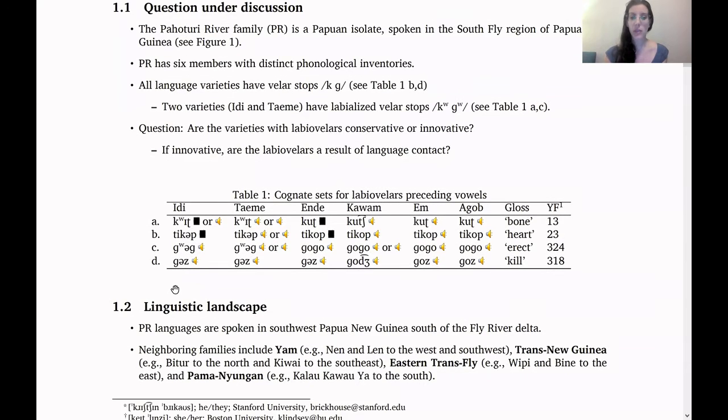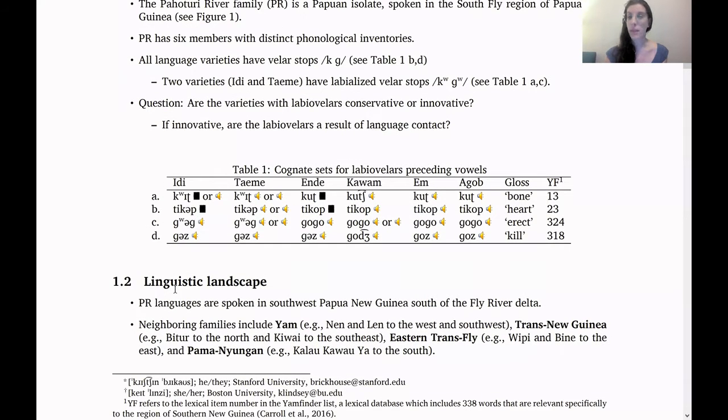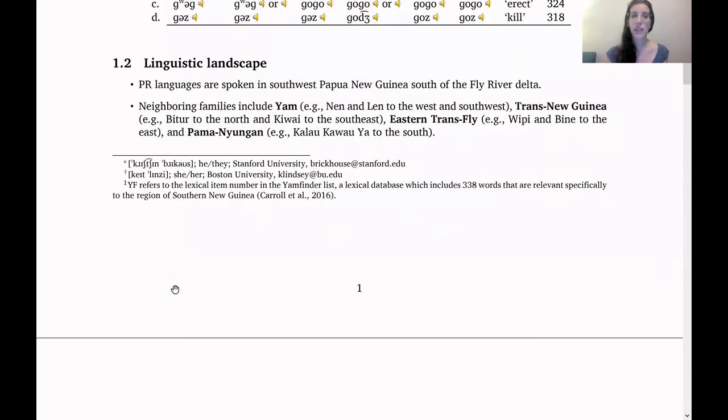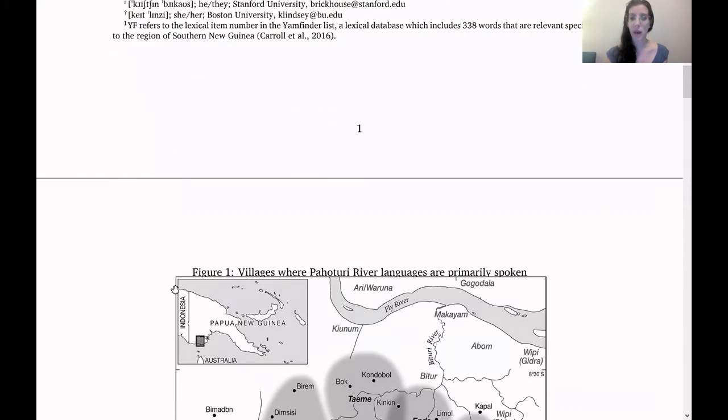So before we get into the reconstruction data, let me tell you a bit about the linguistic landscape of the area. Pahoturi River languages are spoken in southwest Papua New Guinea. I'm going to show you a map right here. It's down here in the southern part, right south of the Fly River. This is an incredibly multilingual area.